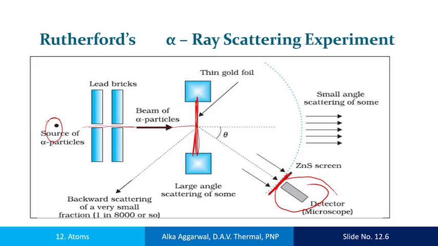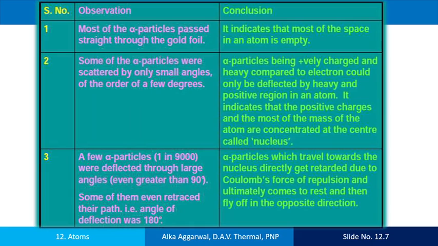By observing the number of scattered particles at different scattering angles, he made the following observations, and on the basis of the observations, he drew the following conclusions. The first observation: most of the alpha particles passed straight through the gold foil. As they go undeviated, it shows that most of the space in the atom is empty.